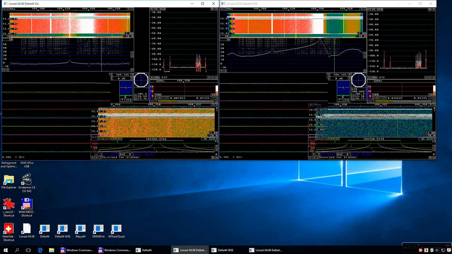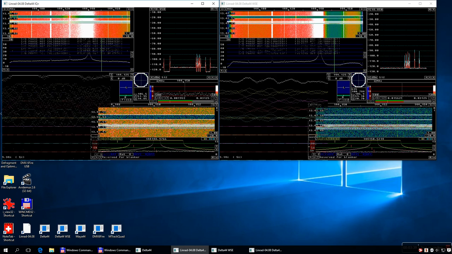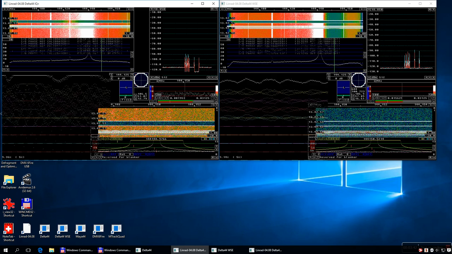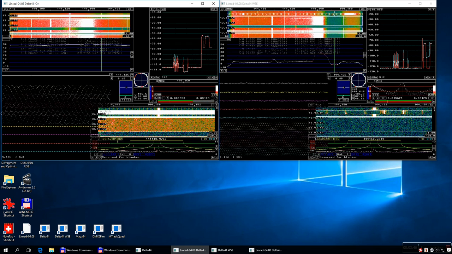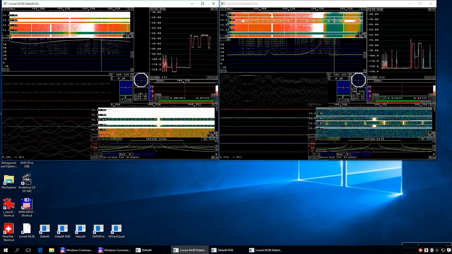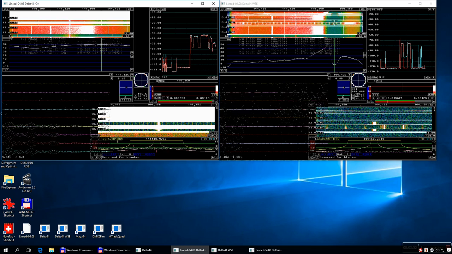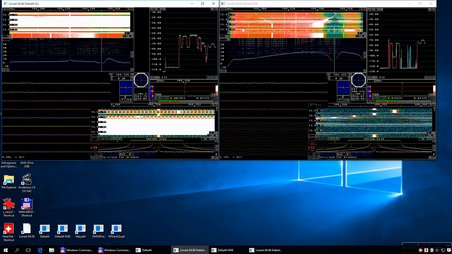That you can see also in the IQ Plus. I can tune the frequency of this strong signal. Step it up gradually, and you can see how it becomes weak.